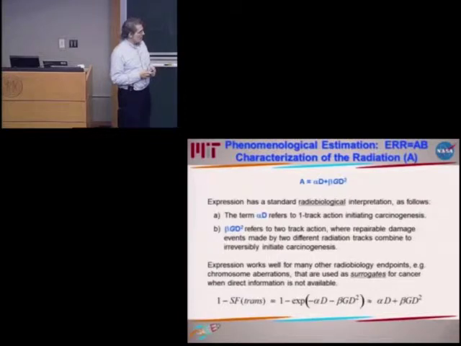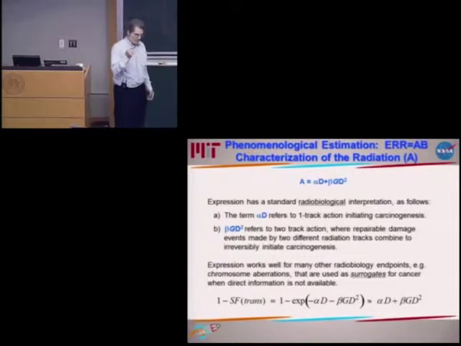And then remembering that now the alpha D minus beta G D squared is a small number because, again, per unit of radiation now, the incidence of induction of carcinogenesis is very small. We're talking 10 to the minus 12th or 11th. I mean, we're really talking small here. So obviously we can just make this approximation here that just the rate of generation of these aberrations equates to the risk. 1 minus exponential of that small number is just the alpha D plus beta G D squared. Hence, that's in brief how the relationship for A came about.